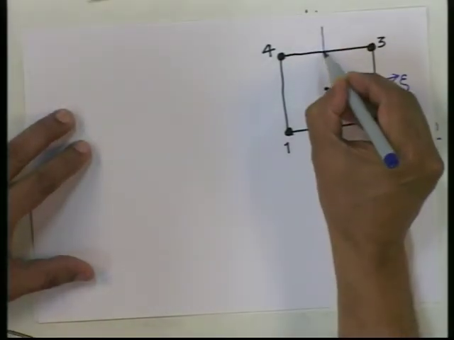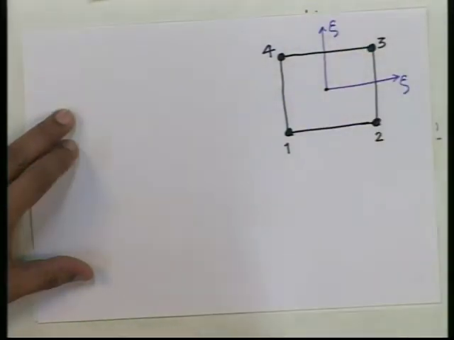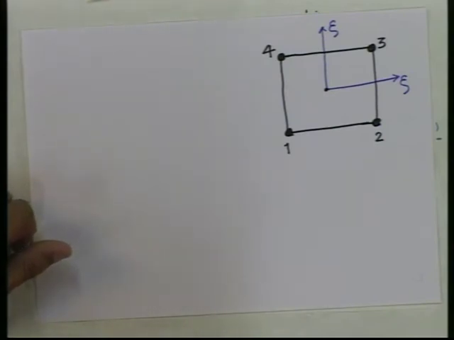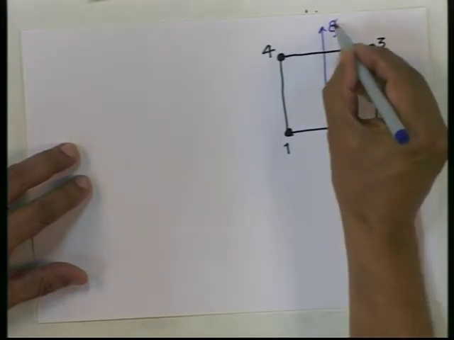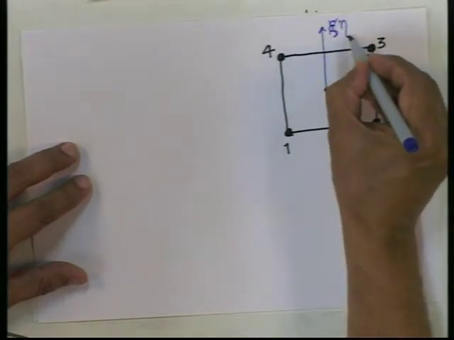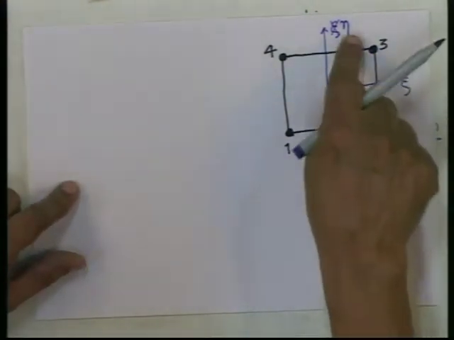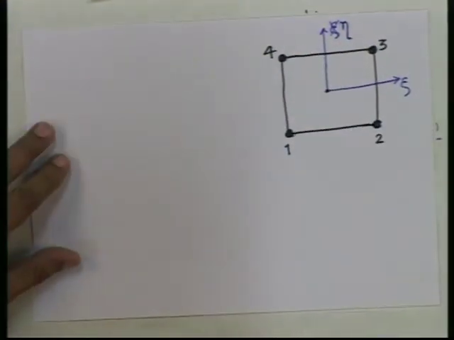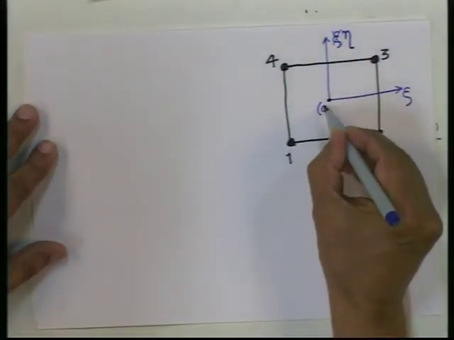Call this as eta coordinate, eta, not zeta. This is psi, this is eta. And this is your origin for the natural coordinate.